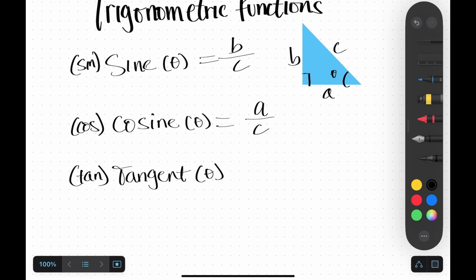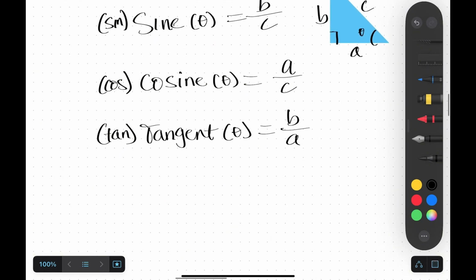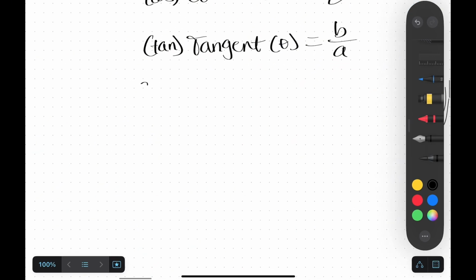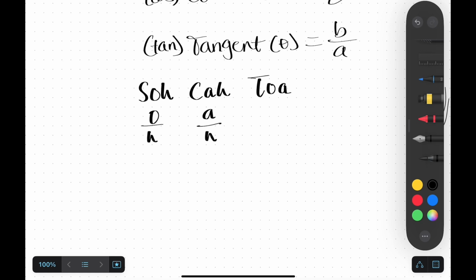Finally, tangent of theta is equal to the length of the side opposite theta divided by the length of the side adjacent to it, therefore B over A. An easy way to remember these functions is with SOHCAHTOA, which tells you that the sine is the opposite over the hypotenuse, cosine is the adjacent over hypotenuse, and tangent is opposite over adjacent.